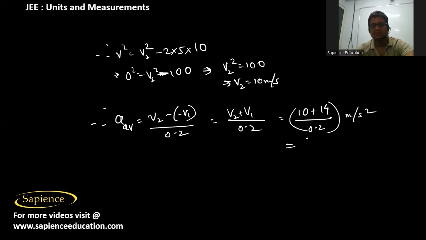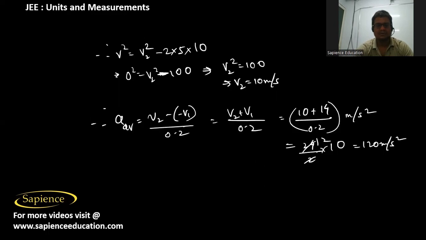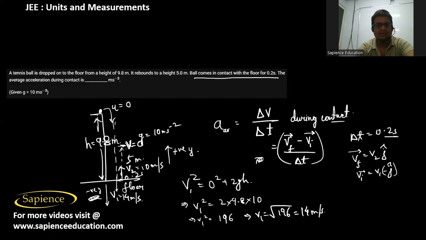So this will be 24 by 2 into 10. This will be 120 meter per second square. So the average acceleration during contact is 120 meter per second square. So this is the answer.